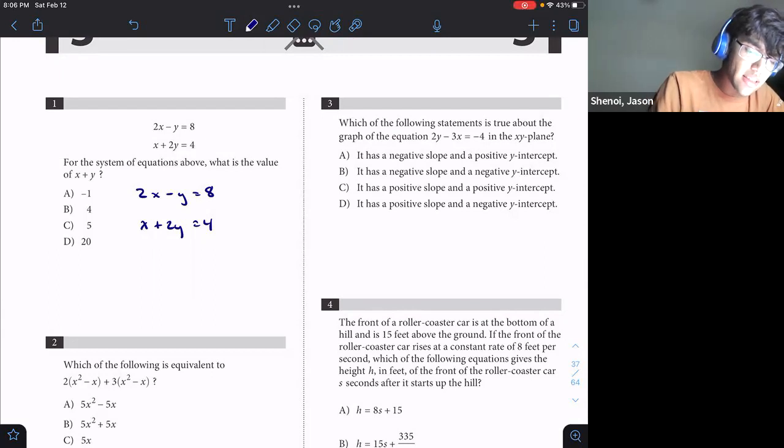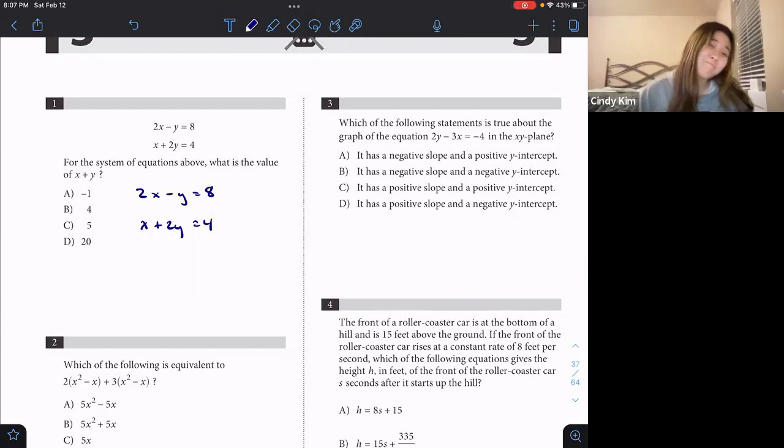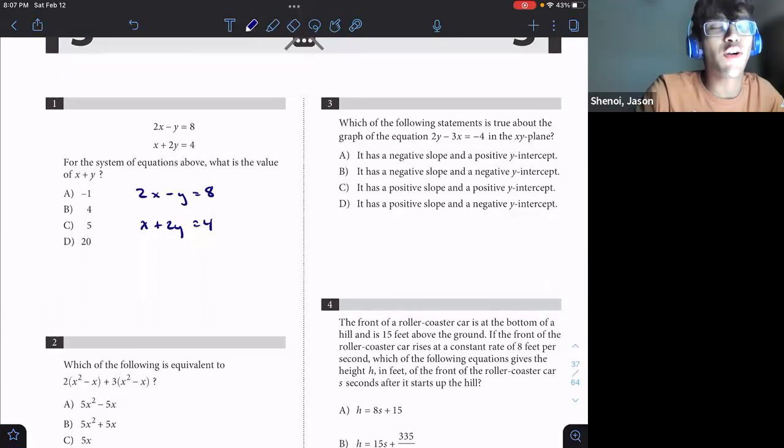So you have 2x minus y equals 8 and x plus 2y equals 4. Either we can work with y or x. Which one do you want to work with? Your choice. Pick one. X.